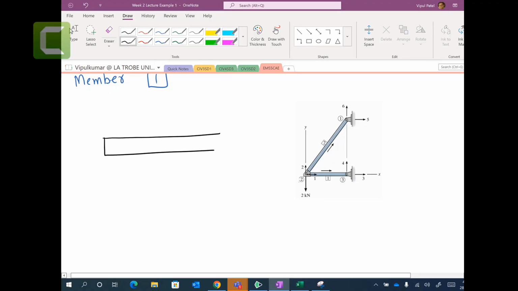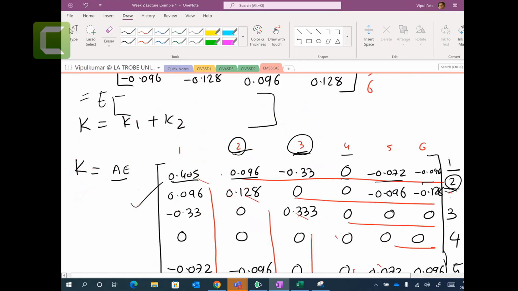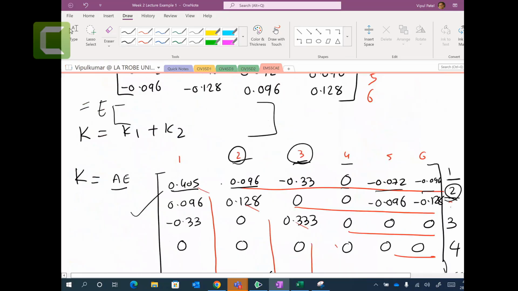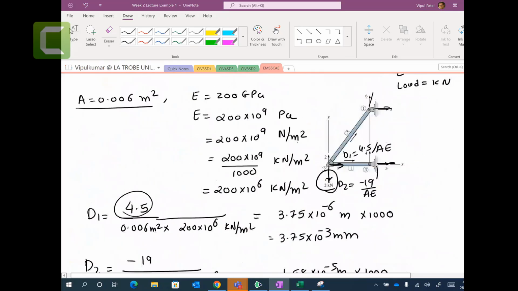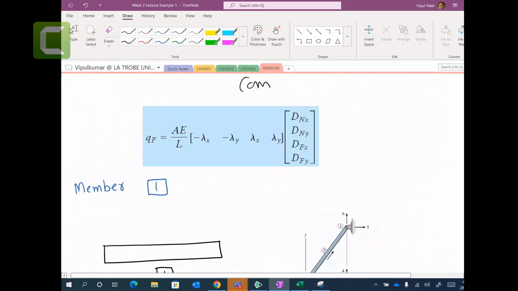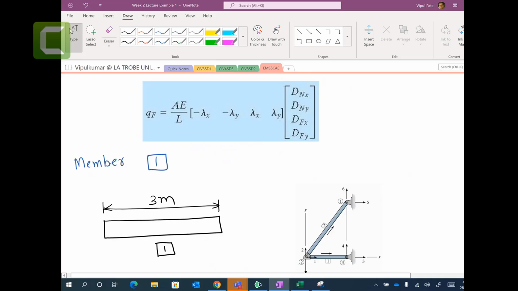This is the member number one, and it has a length of, I think the length we get it from our very original figures. It has 3 meters length. Now, in these equations, area AE we have given, and length is given.